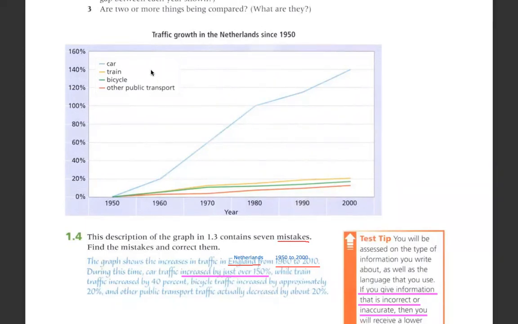If you're not sure, have a look at what are they talking about, car traffic. So have a look at the blue line and correct this underlined section. Right, can anyone else see what's incorrect?